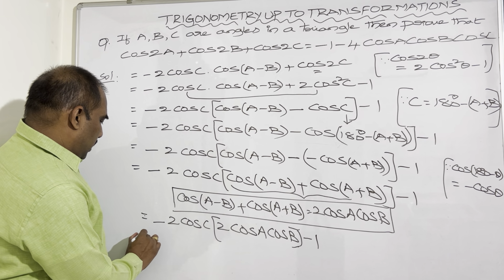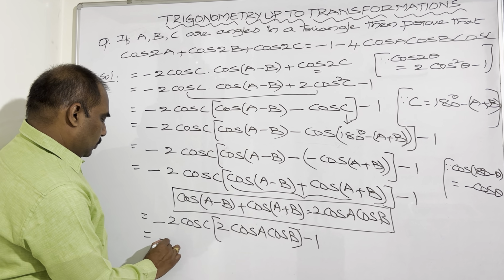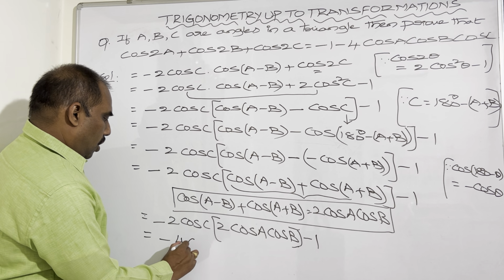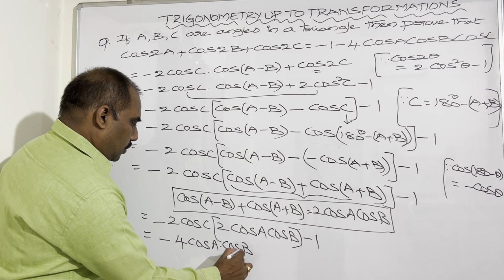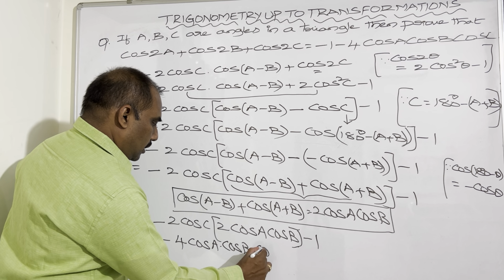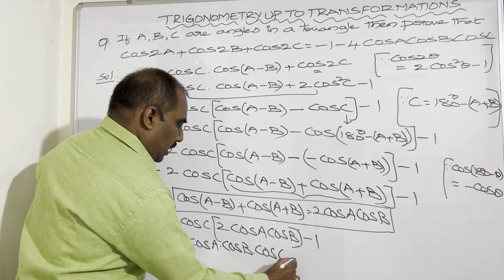Now what do we get? Minus 2 into 2 is 4, cos A into cos B, into cos C, minus 1.